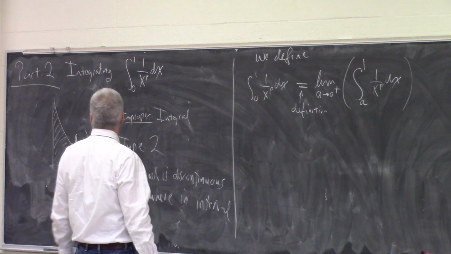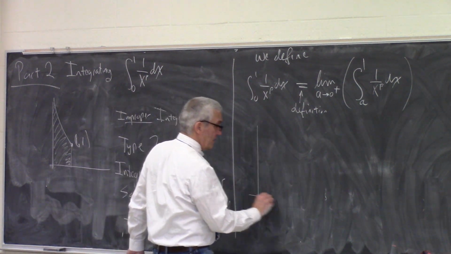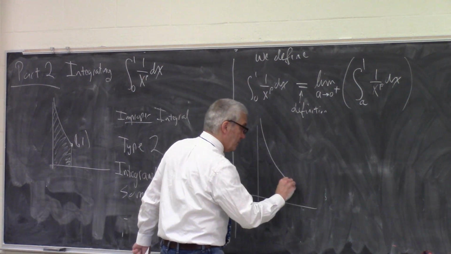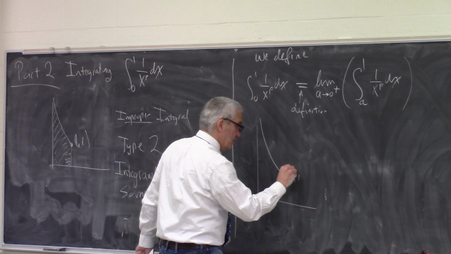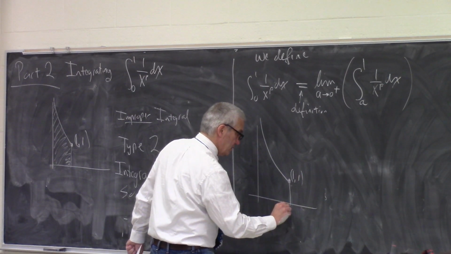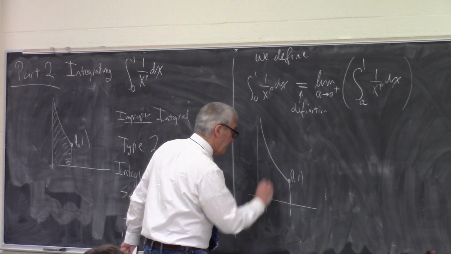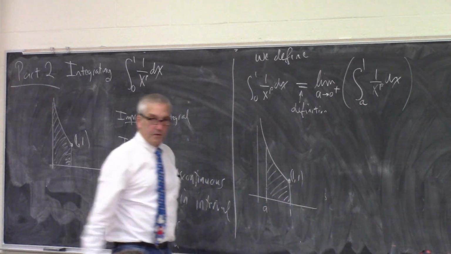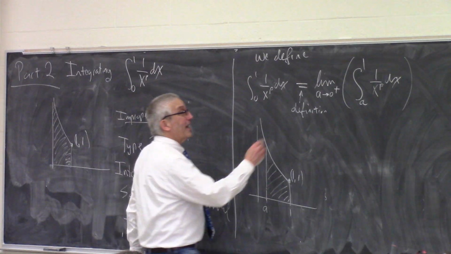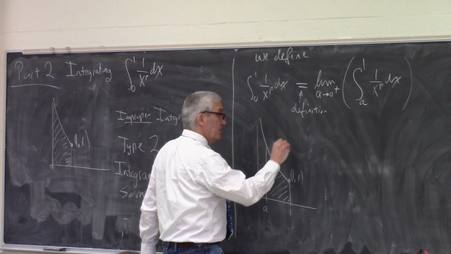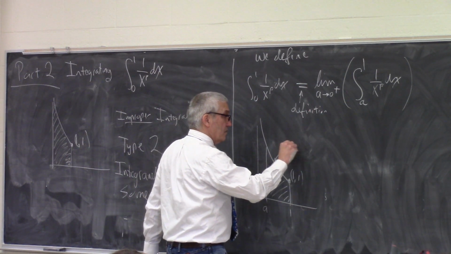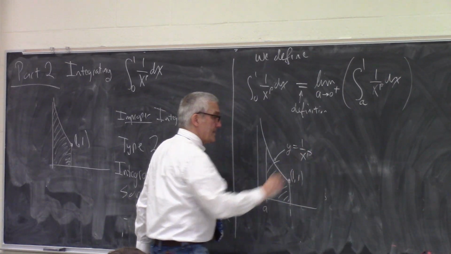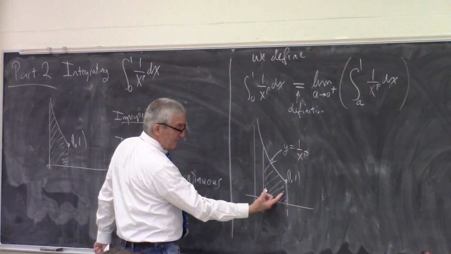We only consider positive a values. So the idea is that we look at this interval, now that's an honest interval. And so that integral is an honest integral. And then we see, what's the number? This is going to be a number.